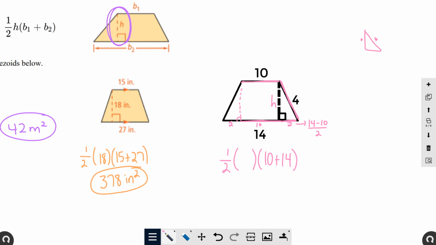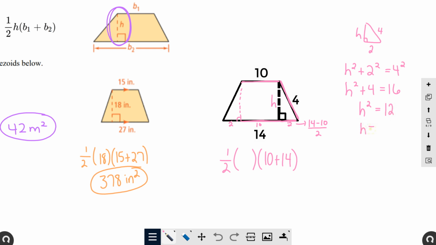So now when I go through and do my Pythagorean theorem, I have 2 here, 4 here, and h here. So remember, it's going to be h squared plus 2 squared equals 4 squared. 4 is the hypotenuse. So 2 squared is 4, and 4 squared is 16, so h squared is 12.